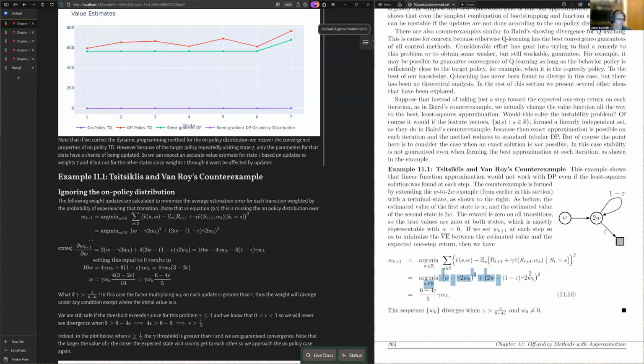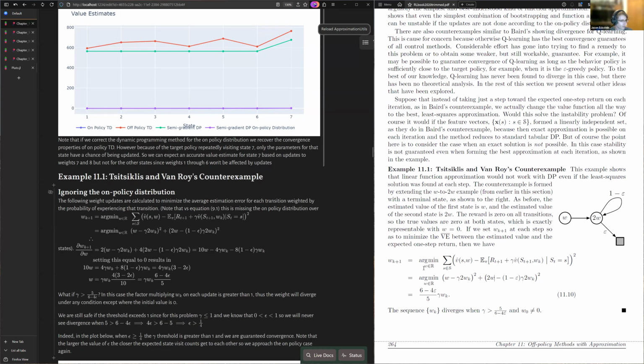Then you can find the argmin by differentiating with respect to W, which is what I'm showing here. If you do the algebra and set the derivative equal to 0, you end up with this solution for W, which matches what's in the book.